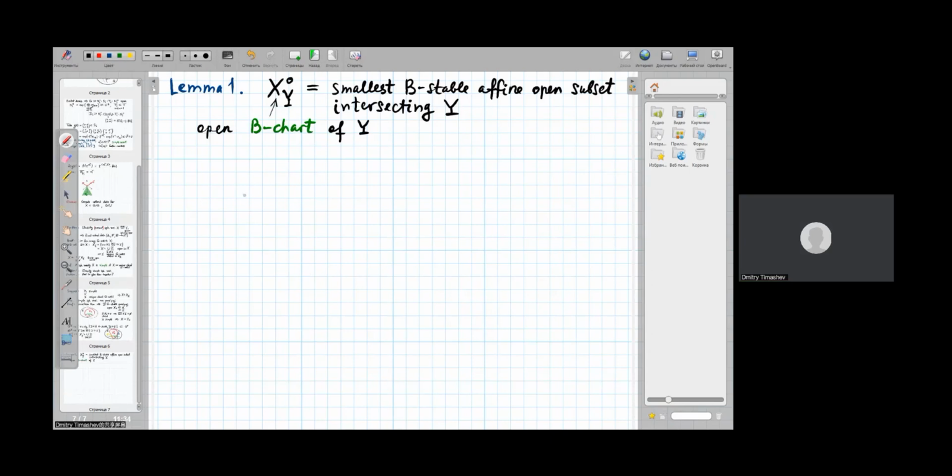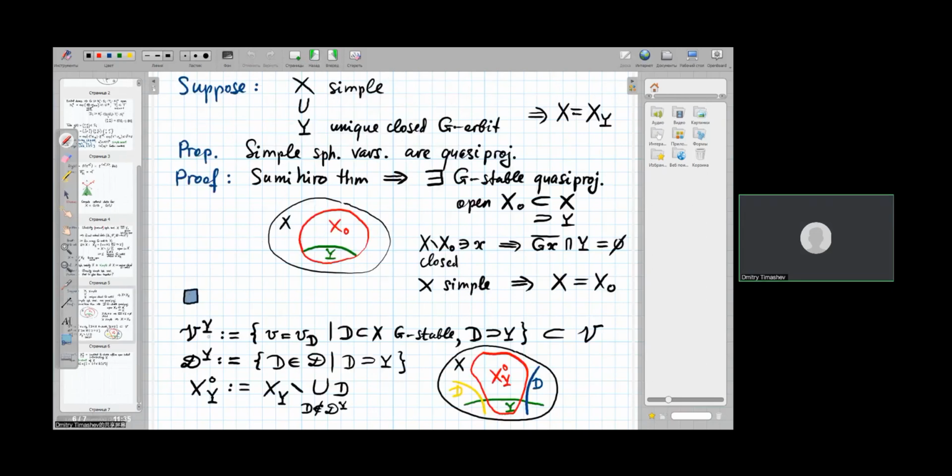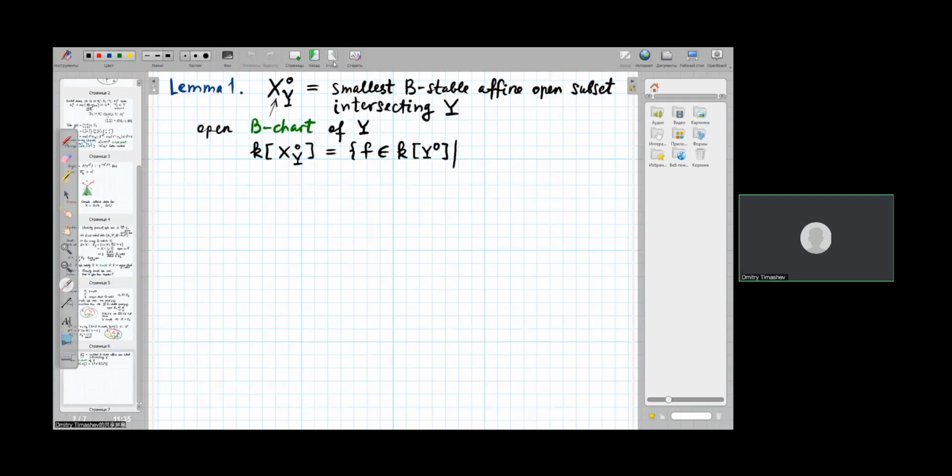Okay, and a small addition to this lemma says that the coordinate algebra of this open B-chart consists of all functions which are regular on the open B orbit, previously denoted by Y upper naught, such that the valuations corresponding to these two subsets, V over Y and D over Y, are non-negative at this function.